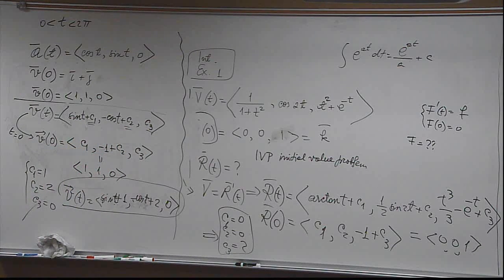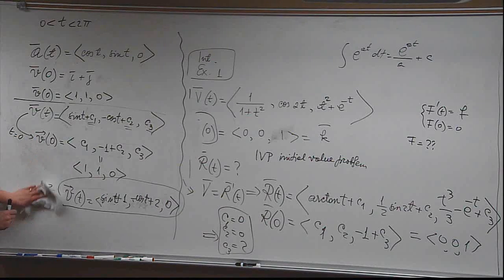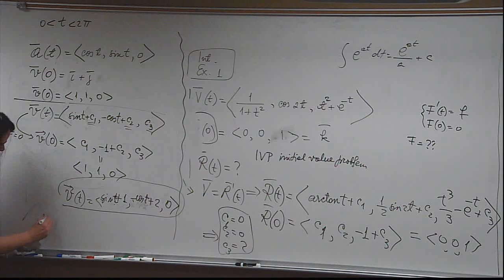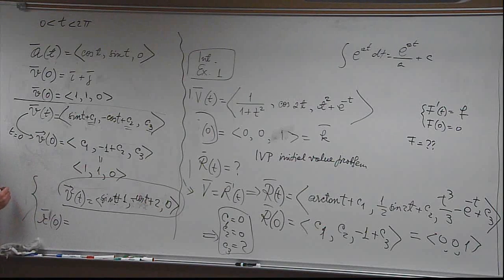And then somebody says, wait a minute, now let me give you r of 0. V of 0 is already there. And you were supposed to get r from here. So what is r of t? The position vector. Find it.